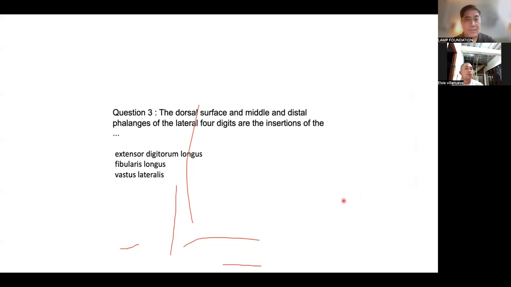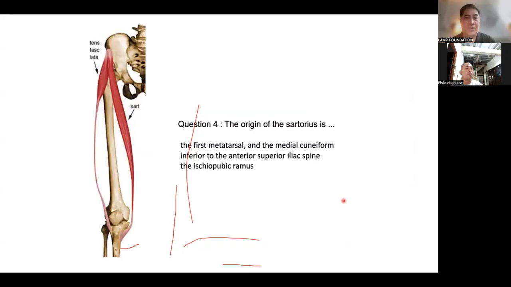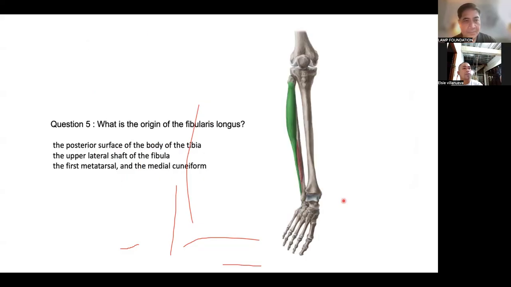Dorsal surface and middle and distal phalanges of the lateral four digits are insertions of the extensor digitorum longus. Origin of the sartorius. Inferior to the anterior superior iliac spine. What is the origin of the fibularis longus? The upper fibula.